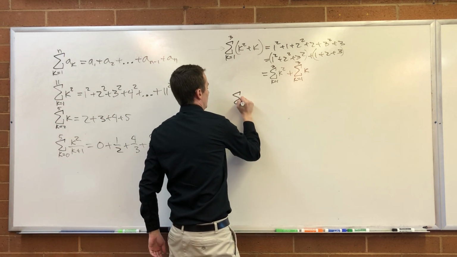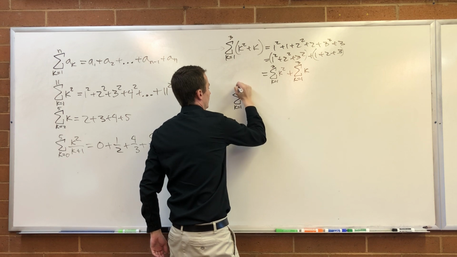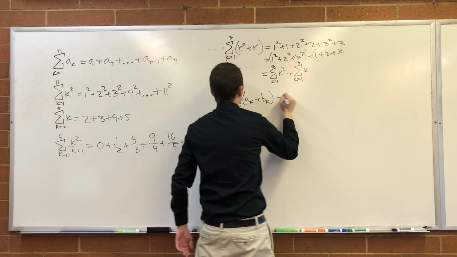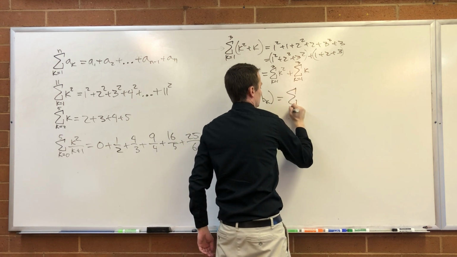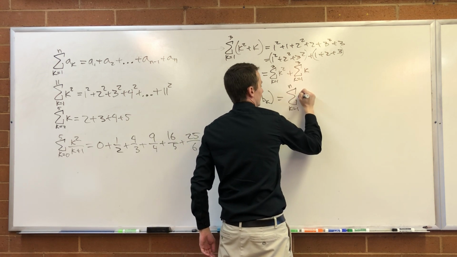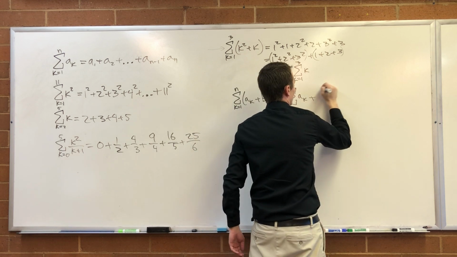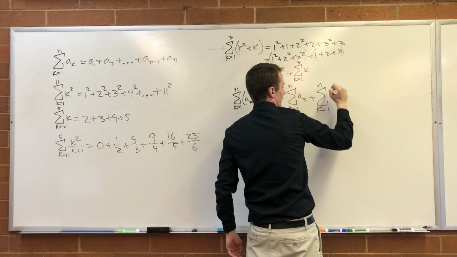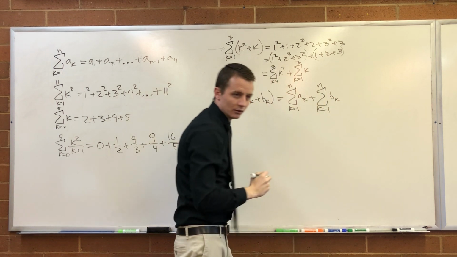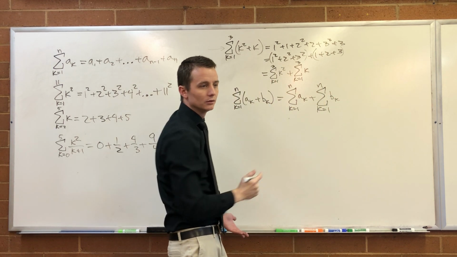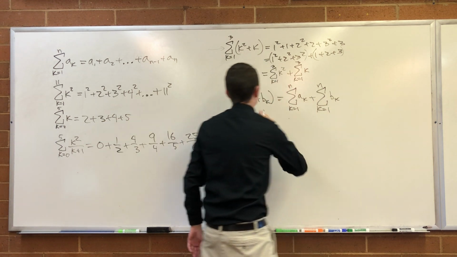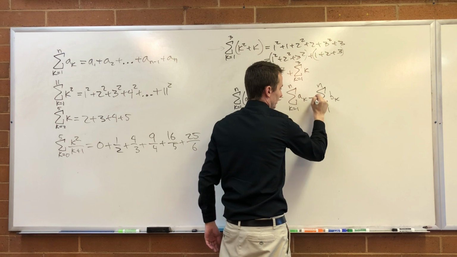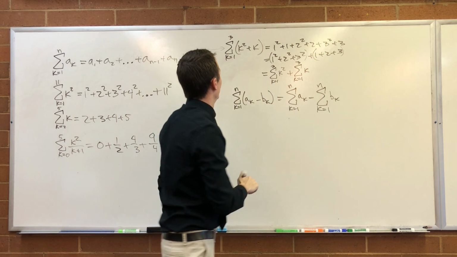We have the sum from k equal 1 to n of a sub k plus b sub k is equal to the sum from k equal 1 to n of a sub k plus the sum from k equal 1 to n of b sub k. Which hopefully now makes intuitive sense. Okay? Similarly, if this would have been a minus, we could replace this with a minus and it's the same thing. Let's see that in our example real quick.